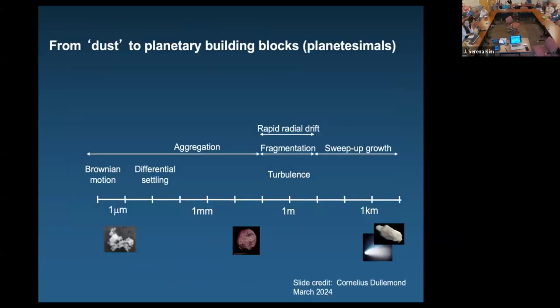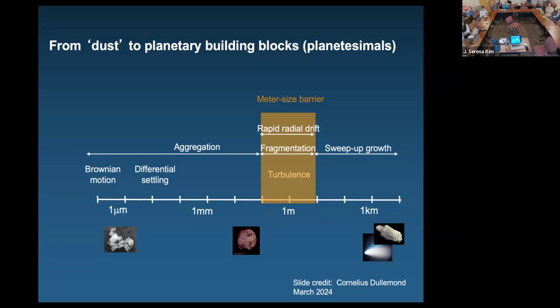The route to building planetesimals, so let's imagine our grains here are covered with these important ices, methane, hydrogen cyanide, etc. What is the fate of such systems? We've got experts in this audience, Andrew and others, who work on this stuff and understand the evolution of dust in these systems.